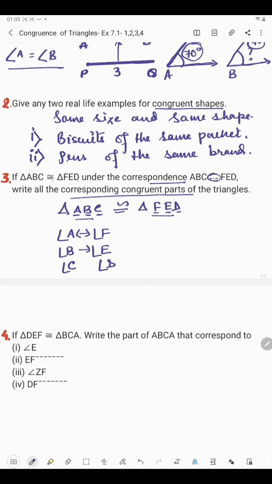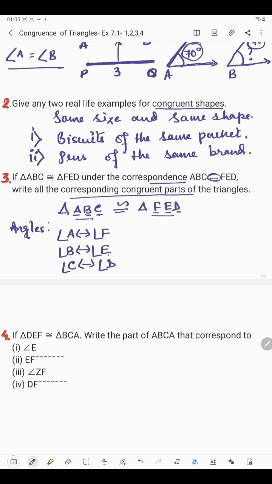So angle A corresponds to angle F, or angle F corresponds to angle A, angle B corresponds to angle E, or angle E corresponds to angle B, and angle C corresponds to angle D, or angle D corresponds to angle C. Okay, so these are the corresponding angles.